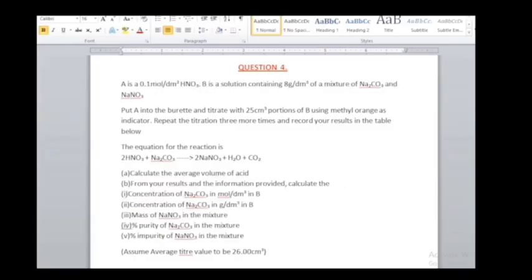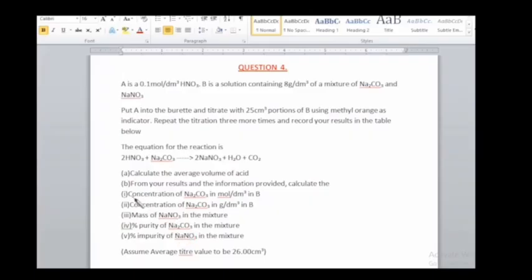So question 4 now, it says A is 0.1 mole per dm cube HNO3 and B is a solution that contains 8 grams per dm cube of a mixture of sodium trioxocarbonate and sodium trioxonitrate. So we have to carry out the titration like we have been doing in the past and answer the questions that follow.